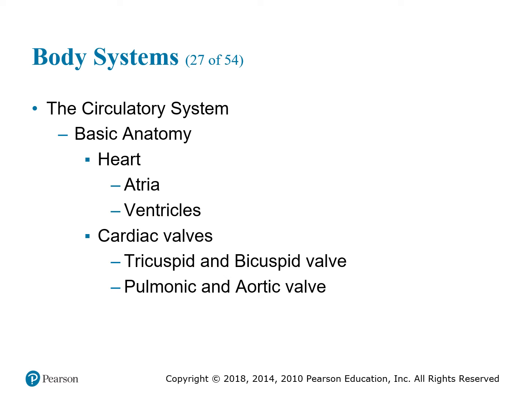Bicuspid is on the left side. And then you have your pulmonic and aortic valves. The pulmonic valve goes from your right ventricle into the pulmonary arteries, and the aortic valve goes from the left ventricle into the aorta. What those valves do is help prevent backflow of blood.